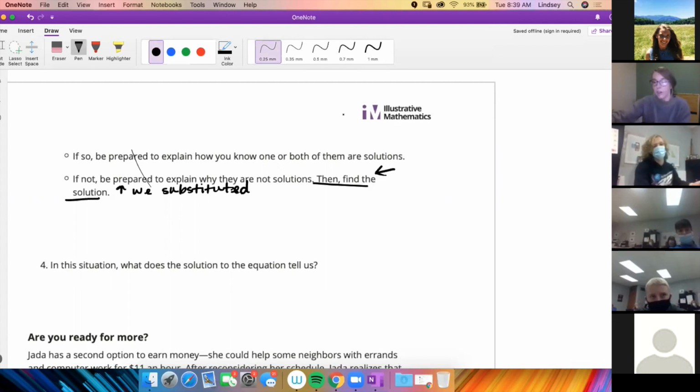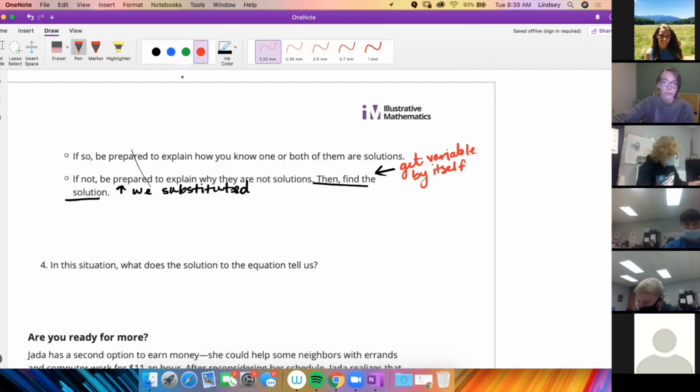I'm going to get the variable by itself. All right, so let's write down this equation. We have 12.20H minus 7.15 equals 90.45.